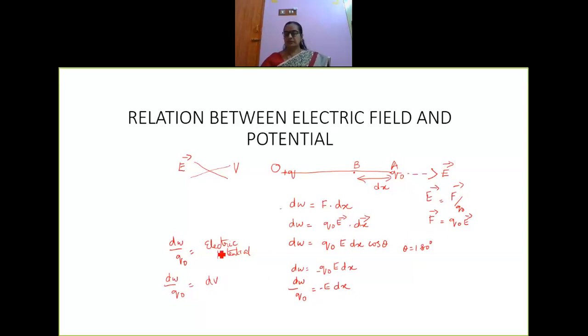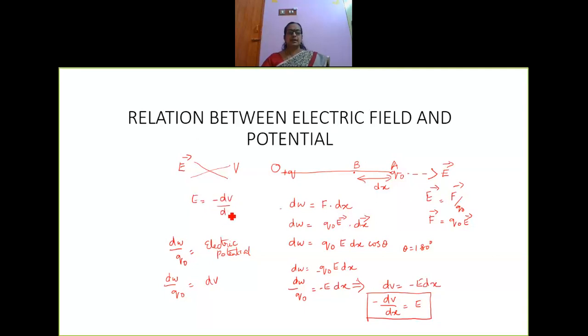So substitute dW by Q naught as dV, equal to minus E into dx. Here is the relation between potential and electric field with a negative sign. E is equal to minus dV by dx is the relation between electric field and potential.